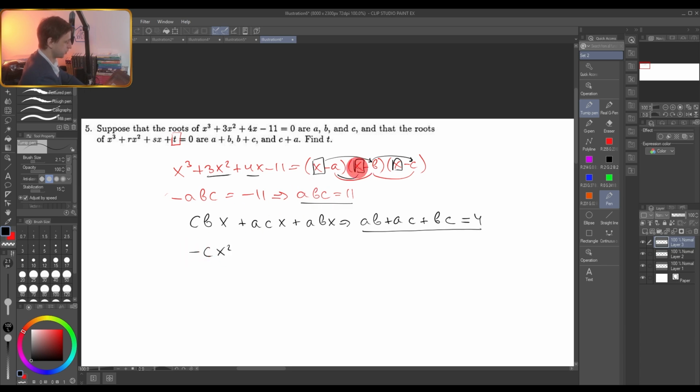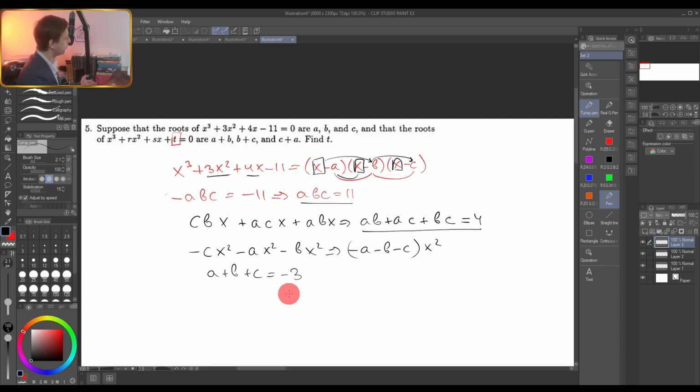Then, for example, this one by this one, it will be x squared, and then by minus a, minus ax squared, and eventually the last one will be minus bx squared. So the coefficient near x squared should be minus a minus b minus c times x squared, and this coefficient should be exactly equal to 3. So this should be equal to 3. It means that a plus b plus c should be equal to minus 3.